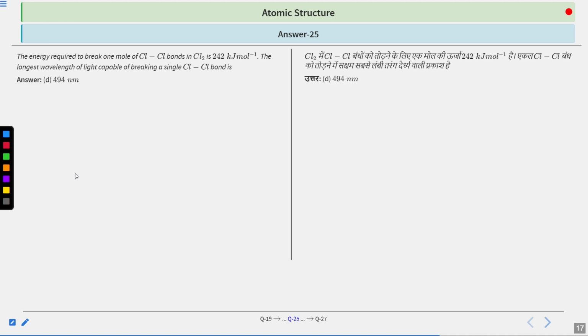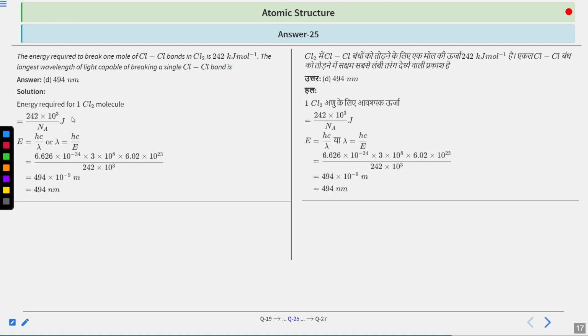Now your answer is D, 494 nanometer, for those who have solved. What is the energy required to break one Cl2 bond? Very simple. For Na number of atoms, it is given as 242 kilojoule per mole. So for one atom, it will be 242 × 10^3 joule divided by the Na value, 6.022 × 10^23. Now this is your energy. So what will be the wavelength? E is equal to hc by lambda, so lambda is equal to hc by E.